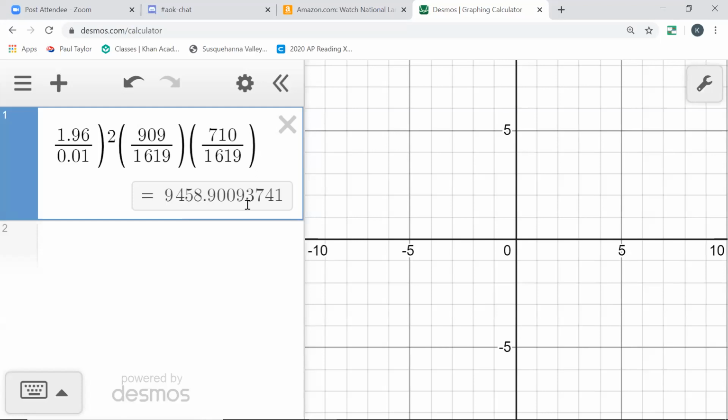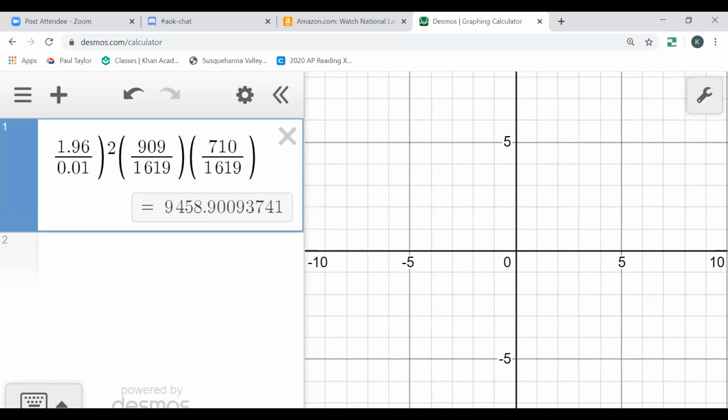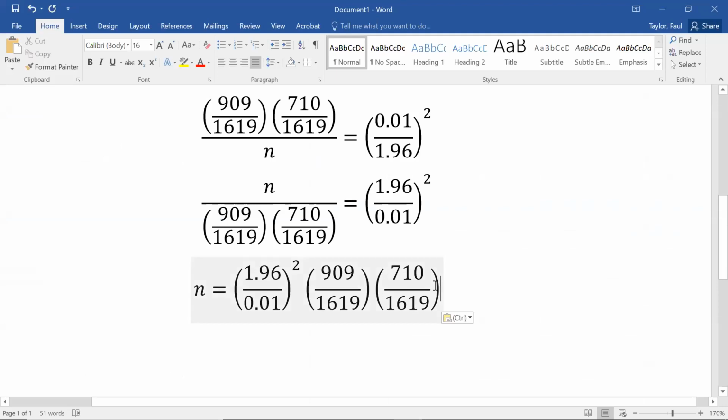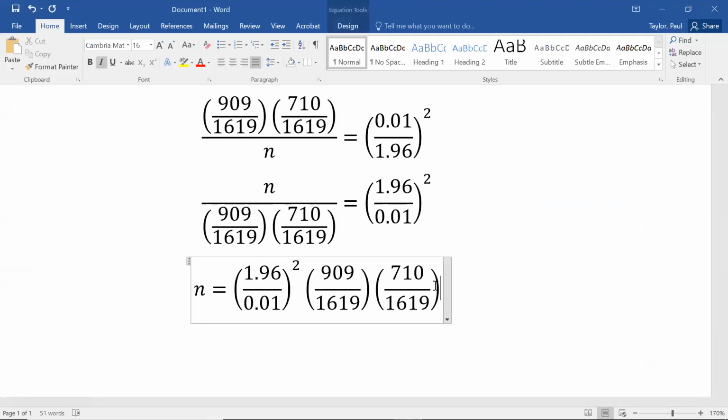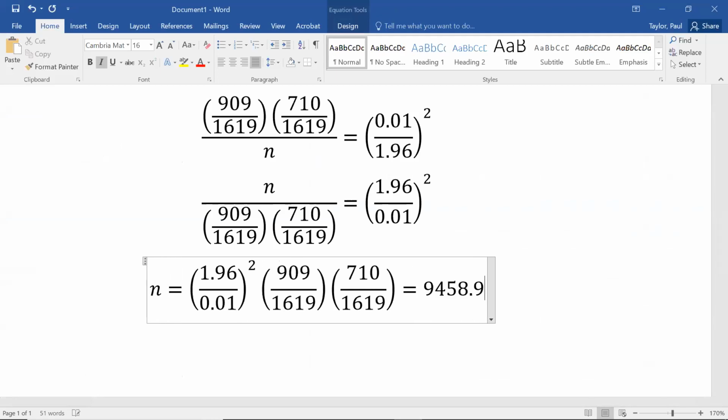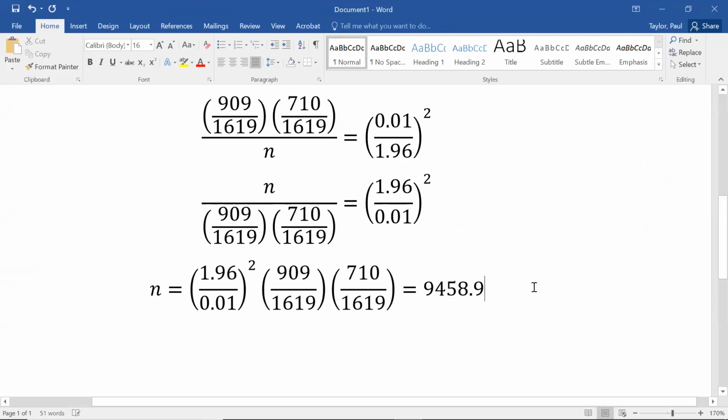So this is giving me 9458.9. So I guess we have to do more than that. The bigger your sample, the higher your accuracy. So we'd probably have to crank that up to 9459 in order to be sure. So back to Word. So this was 9458.9.